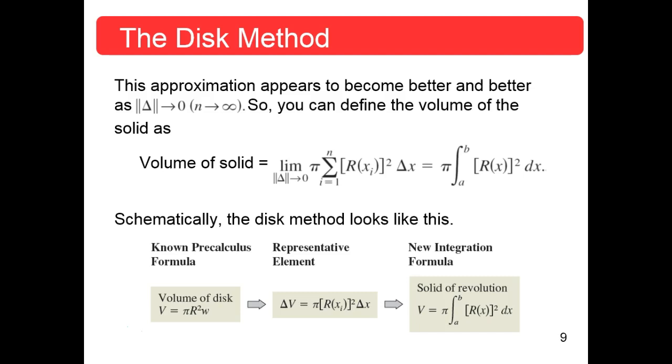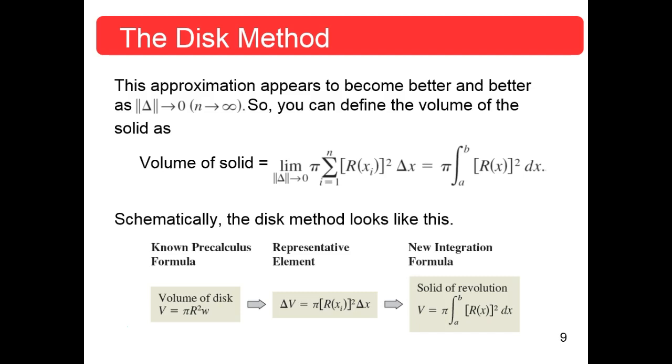You can define the volume of the solid as the limit as the norm approaches 0 of pi times the summation of r of x squared delta x. And the summation then becomes an integral: pi times the integral from a to b of your function value, r of x squared, dx.